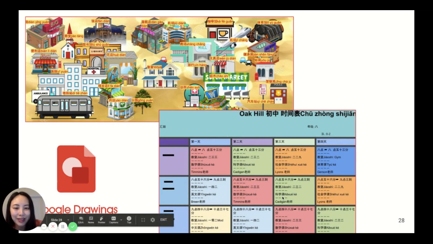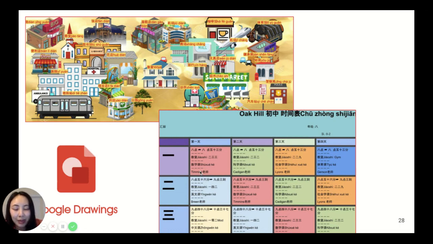This one is the schedule. So after we learned the schedule, how to talk about your schedule, what period of the day, the time, and things, students choose to make a schedule for their own classes, but just in Chinese.